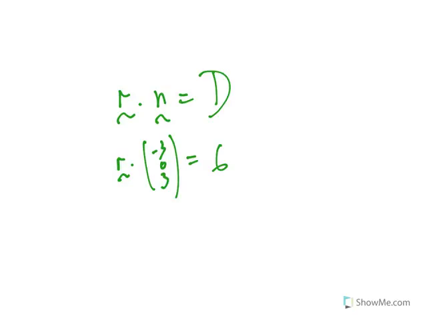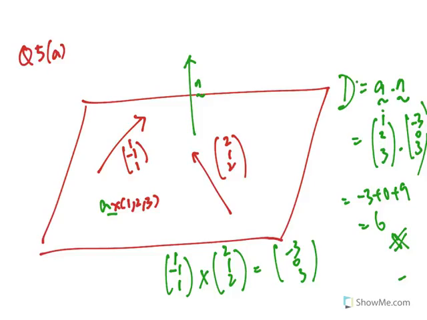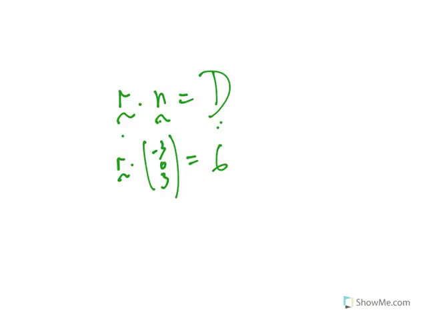It's fixed throughout. So if I end up with R dot n equals 6, then I can stop. That's the answer: R dot n equals D, where D equals A dot n, which we have found already. This already is the vector equation of the plane in scalar product form.